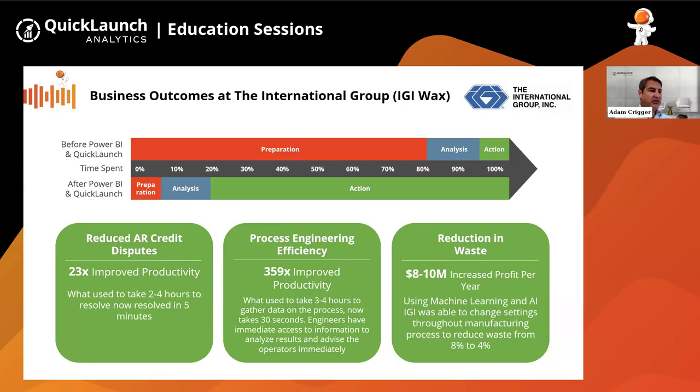And so they were able to focus on the next wave of their journey, which was around AI. What they figured out, utilizing AI, is that the manufacturing process of wax has, let's say, 7 different stages, and each stage has certain temperatures and certain settings. So they used AI to monitor that and figure out what gives you the most optimal output.